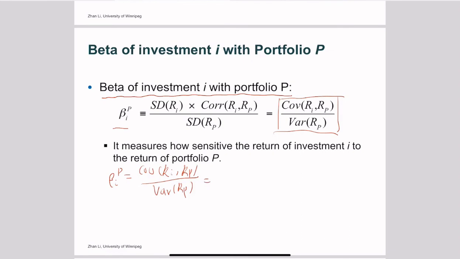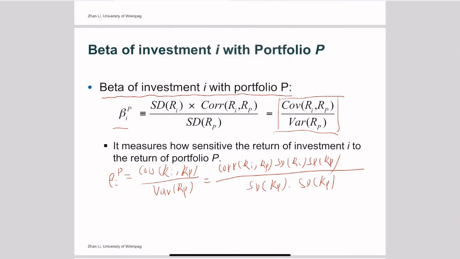So according to the definition of correlation, we know that covariance could be written as the product of correlation and standard deviations. And of course, variance could be written as standard deviation squared. And here you can see that this is a very simple mathematical manipulation.